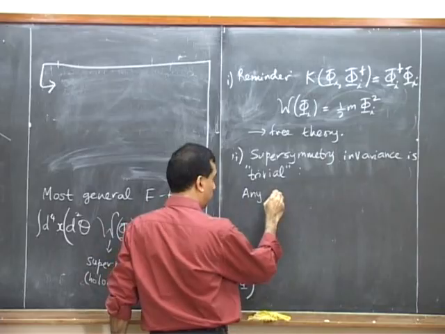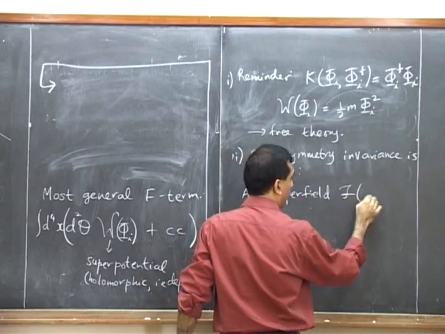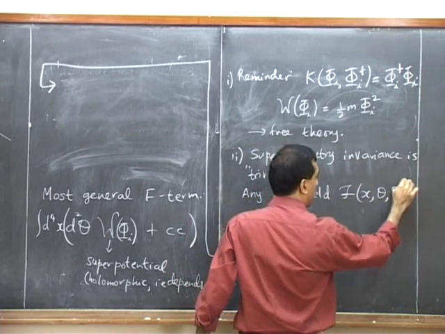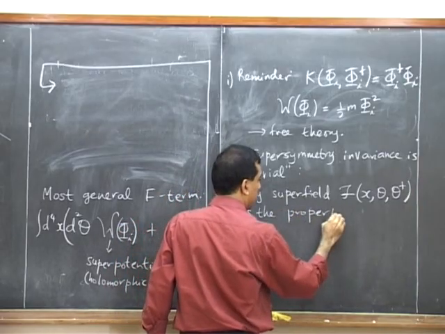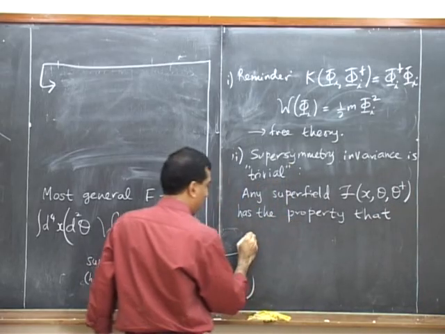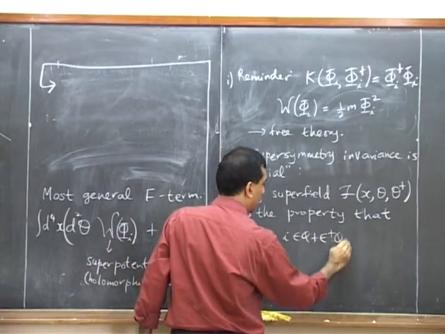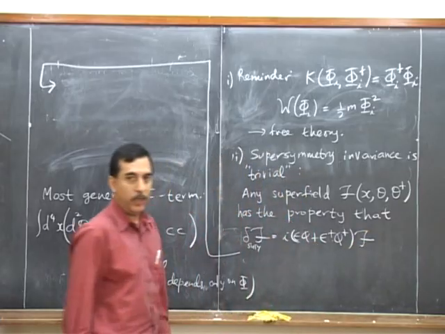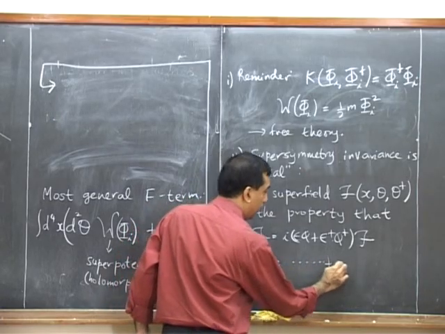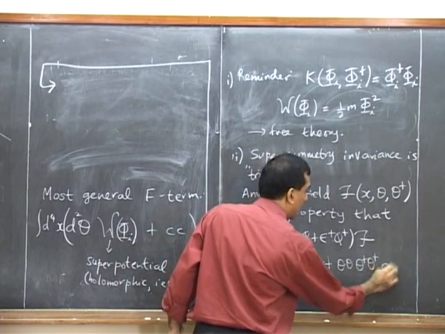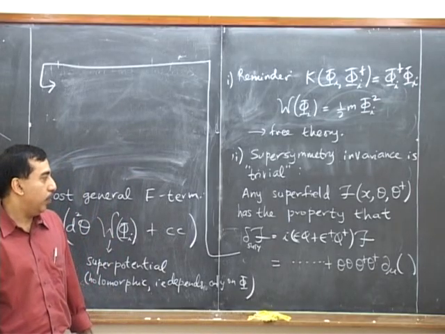Any superfield F of x, theta and theta dagger has the property, and this I can prove, that delta F under SUSY, which is i epsilon Q plus epsilon dagger Q dagger acting on the whole superfield, is equal to, in ordinary space, lots of terms plus a theta theta theta dagger theta dagger del mu of something. That's all we need, and I'll prove this statement to you.